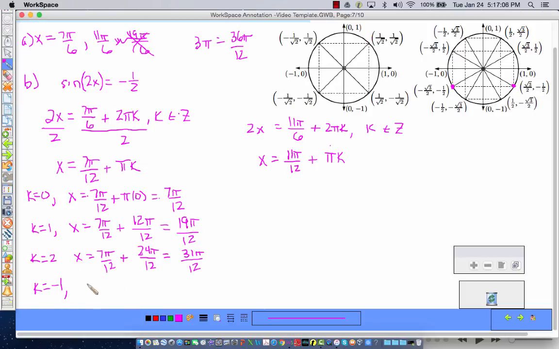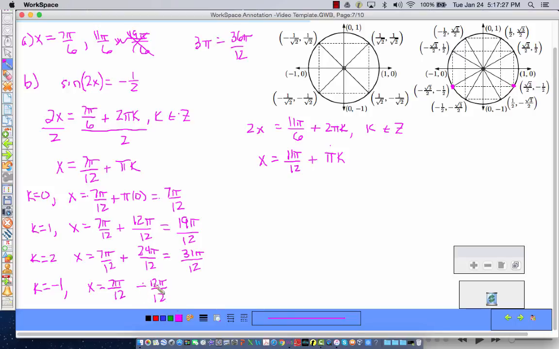So with k equal to -1, I would get x equals 7 pi over 12 plus pi times -1, which is actually minus pi, right? Okay, which is actually minus 12 pi over 12.